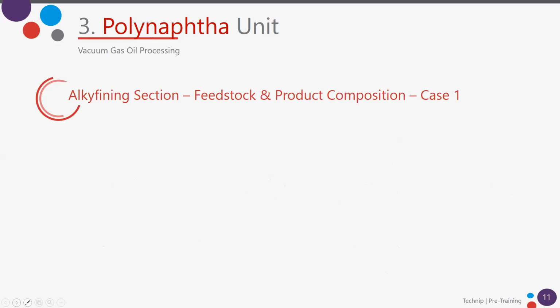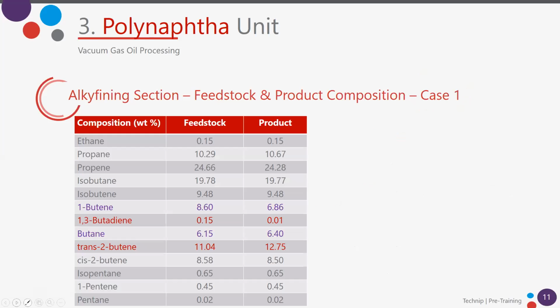So let's see the feedstock and product composition. I always refer to case one, but remember you have two crudes, so maybe you will have some differences between case one and case two. So this is our feedstock from the FCC unit. Remember that the feedstock to this section is the unsaturated LPG from the FCC unit.